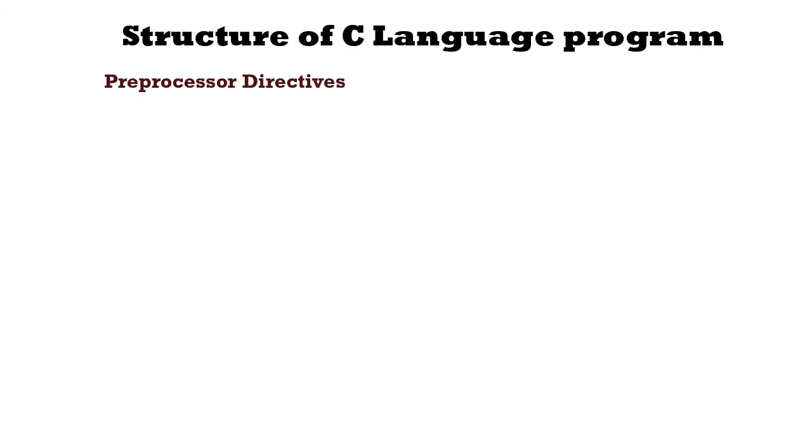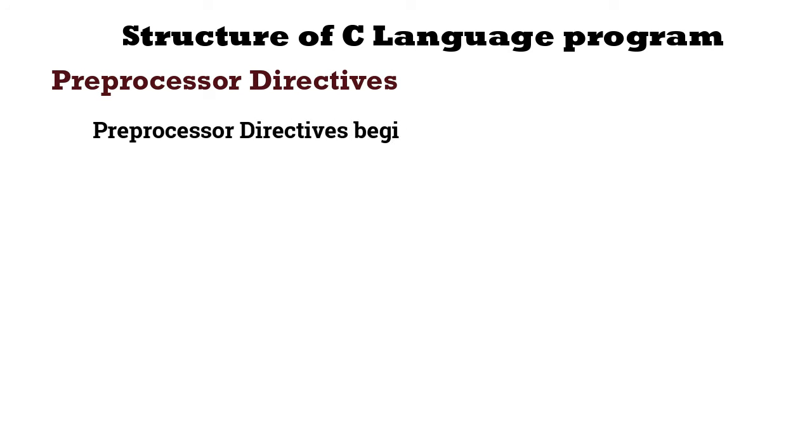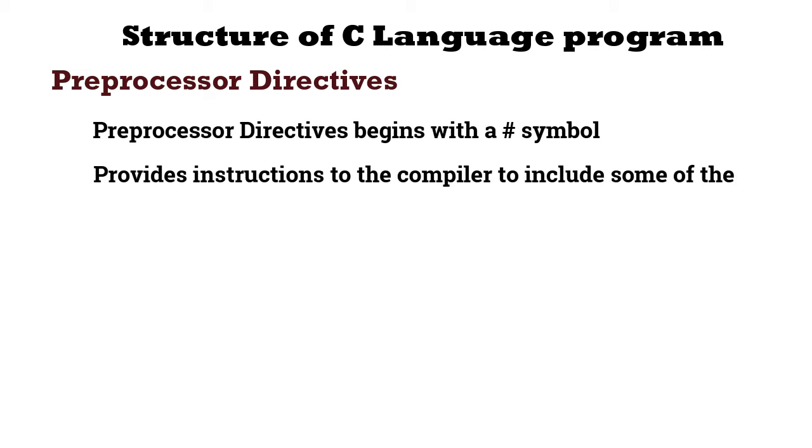Then the next section is preprocessor directives. Preprocessor directives begin with the hash symbol, and they provide instructions to the compiler to include some files before compilation starts.